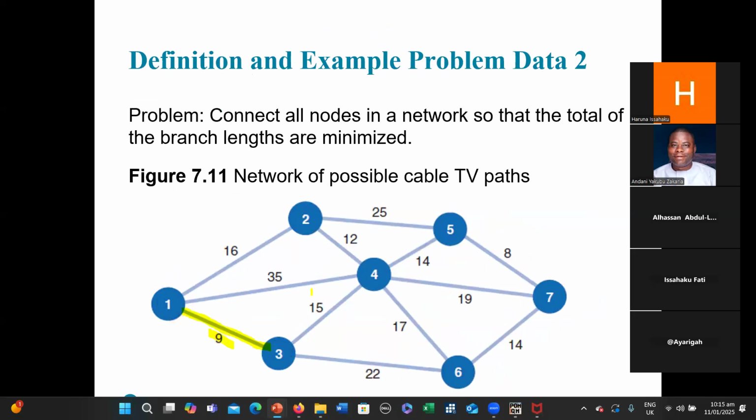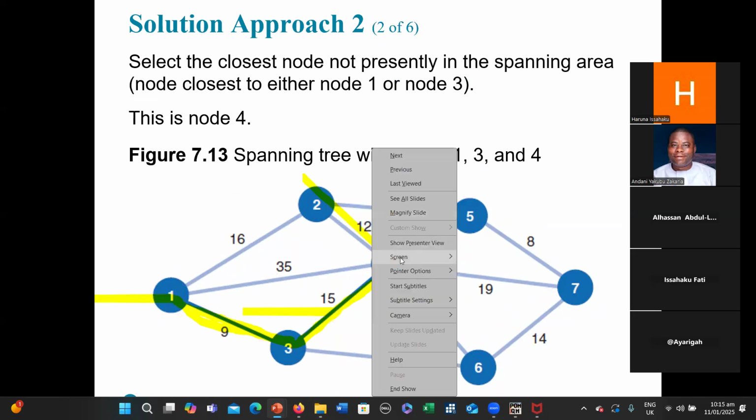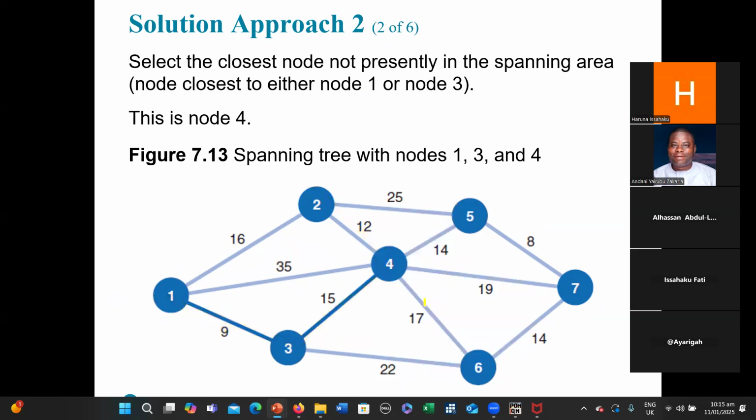You see that we were able to get the distance from 1 to 3, and then from 3 to 4. So from here, you are now looking at the closest location that is not yet connected.